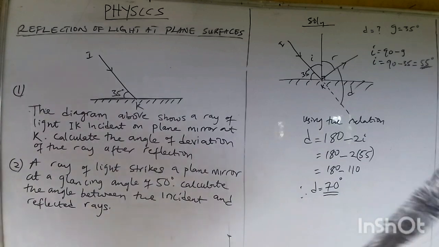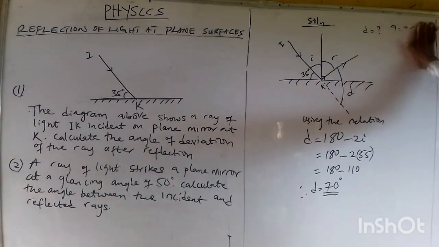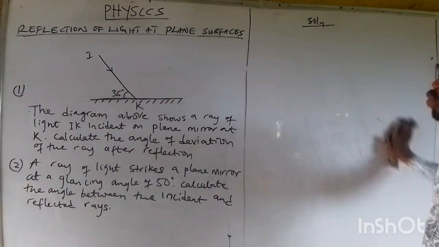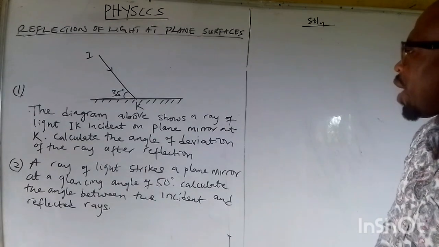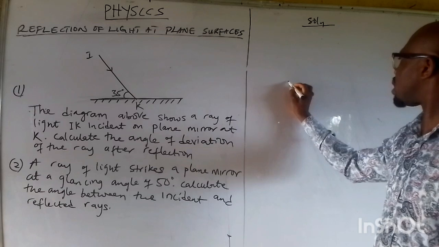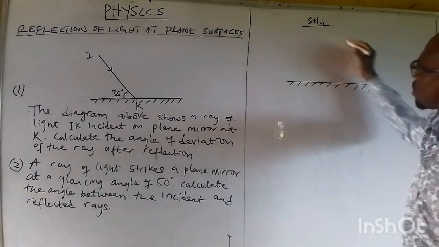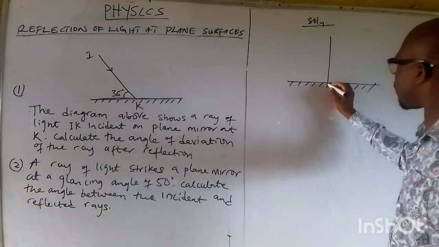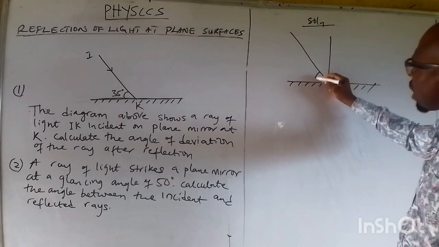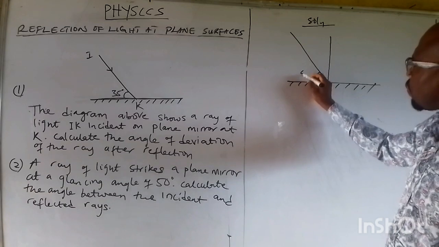Now we will solve the second one. For the second one, we are given that the ray of light strikes a plane mirror at a glancing angle, almost the same pattern. This is the plane mirror. We have our normal line. It strikes the plane mirror at a glancing angle, remember, glancing angle, not incident angle, of 50 degrees.